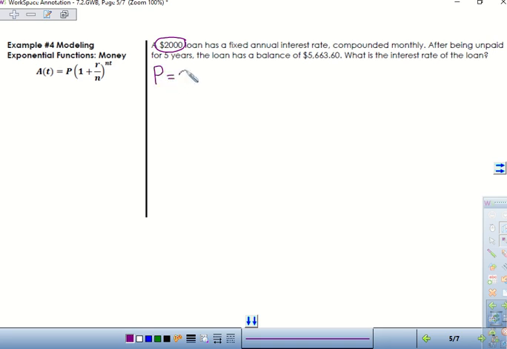P. So it has a fixed annual interest rate, but it's compounded monthly. So n is going to be equal to what? 12. After being unpaid for 5 years, that represents what? T. The loan has a balance of, that's the final balance, which is A.